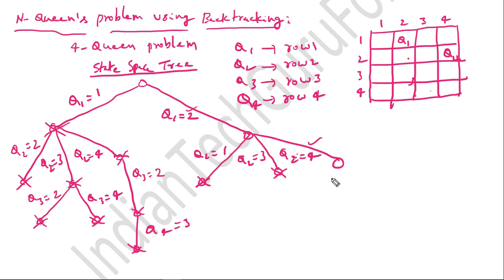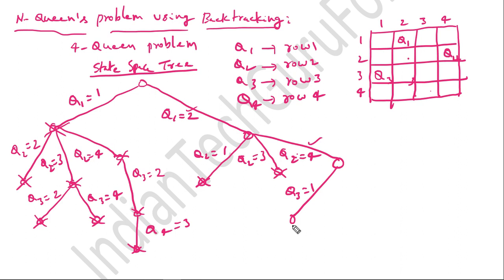Once Q2 is placed in 4, then the second location is over, the fourth location is over. What are the remaining locations? 3 and 1. So try to place Q3 in the first location. If I place Q3 here, there is no issue either row wise or column wise or diagonal wise. Now 2 is over, 4 is over, 1 is over.